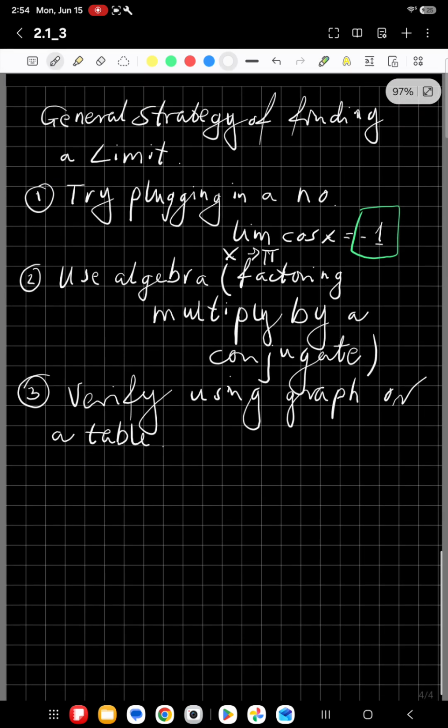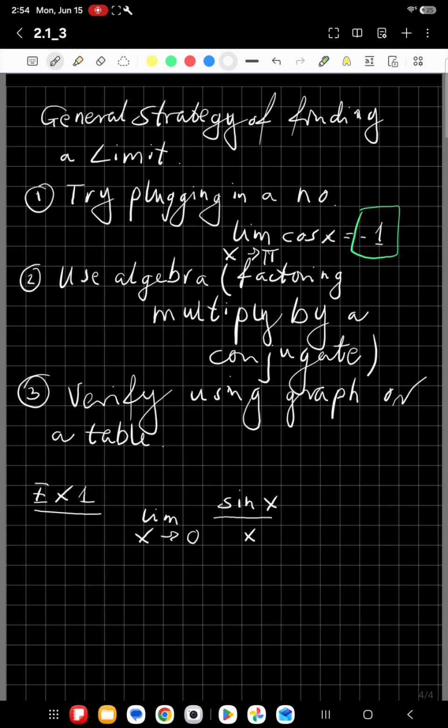So this is, I believe, example 7, or maybe we can call it example 1. We have the limit as x approaches 0 of sine x over x.